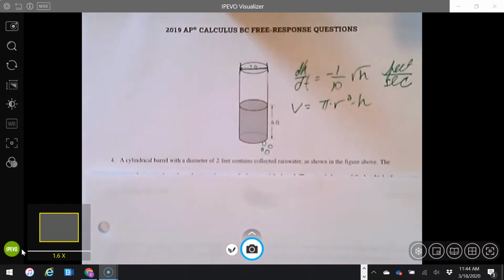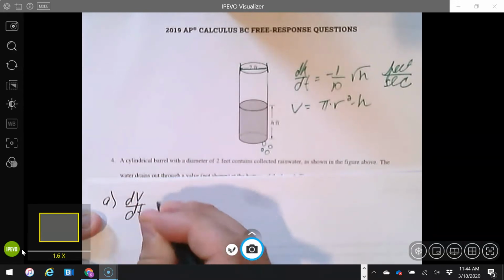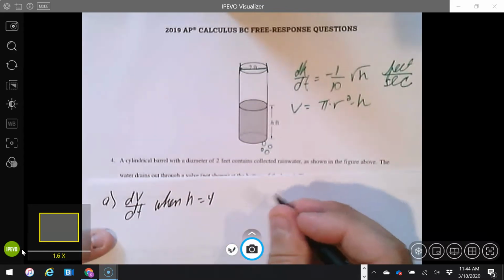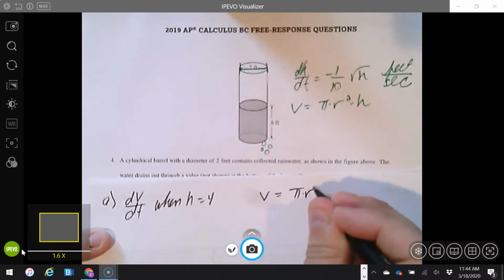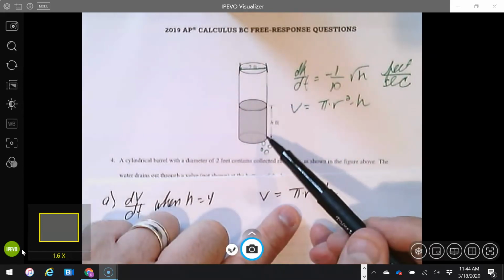Well, let's think about that. I want to know dV/dt when h equals 4. I know that for this problem, the volume is pi times the radius squared times the height. Okie dokie. And we've got this cylinder.